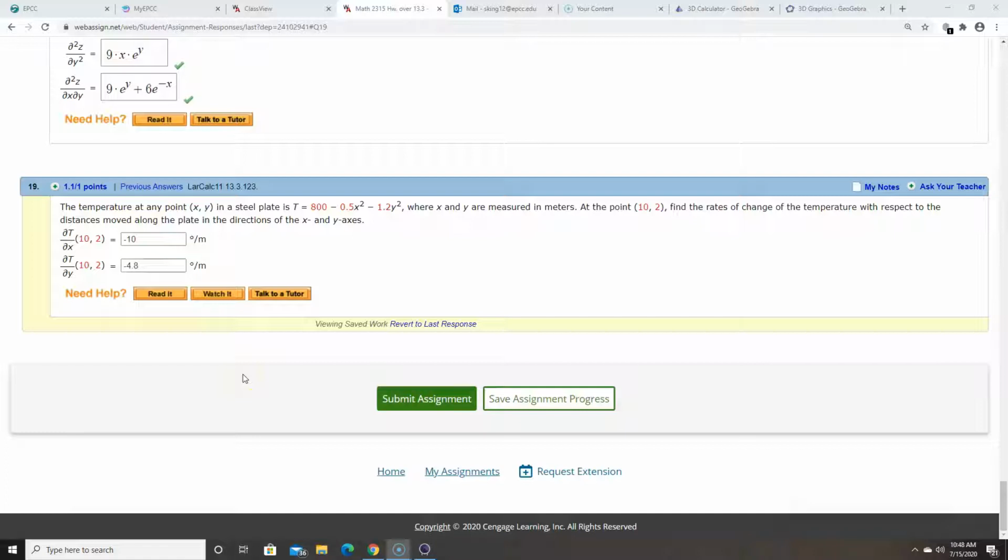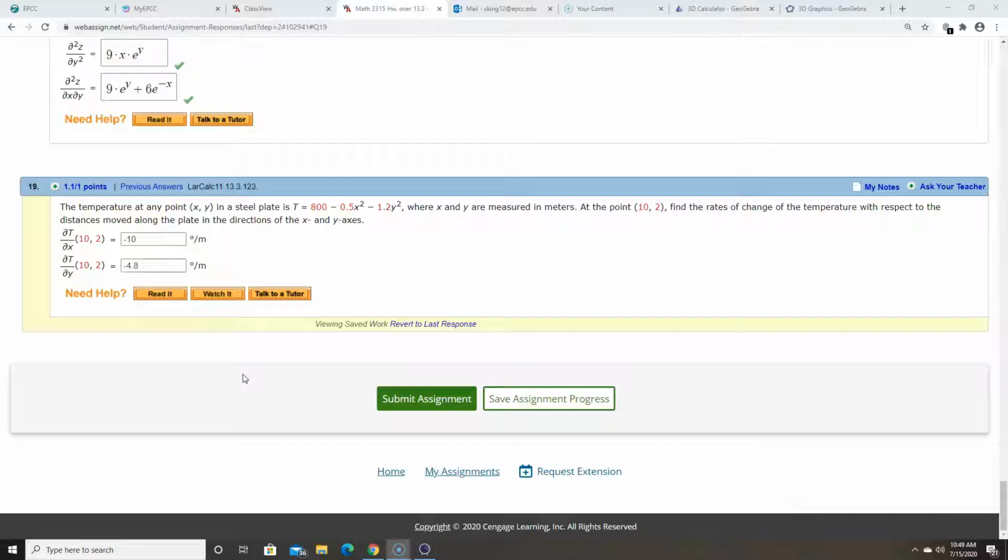This is section 13.3, as I mentioned. We just finished the section on limits of multivariable functions, mostly concentrating on two variable functions, and continuity and taking limits.